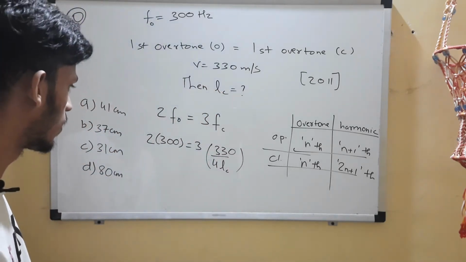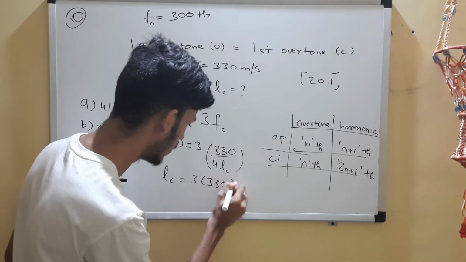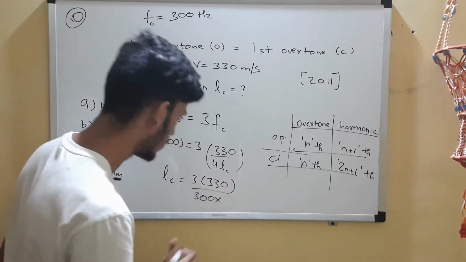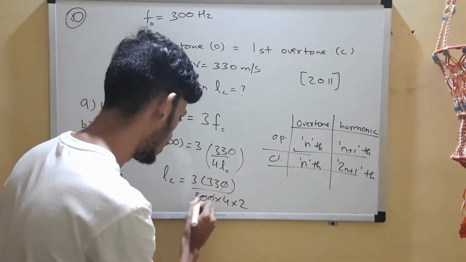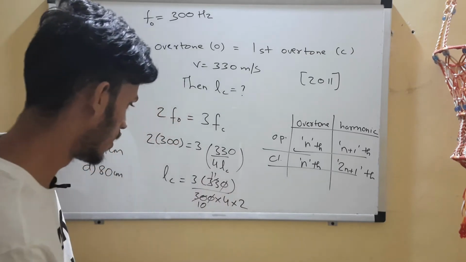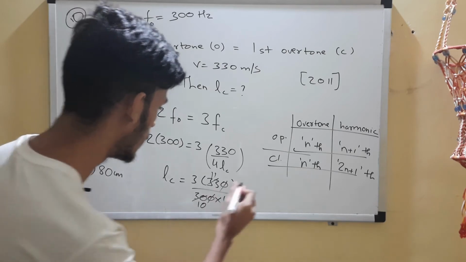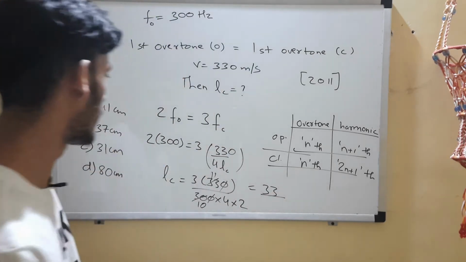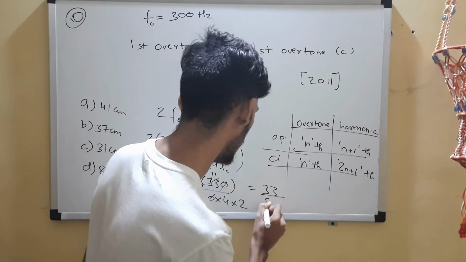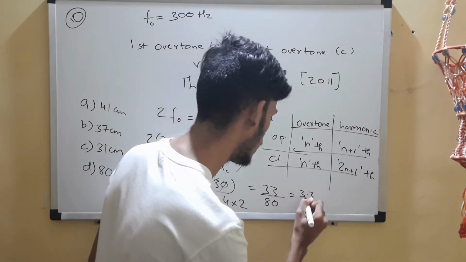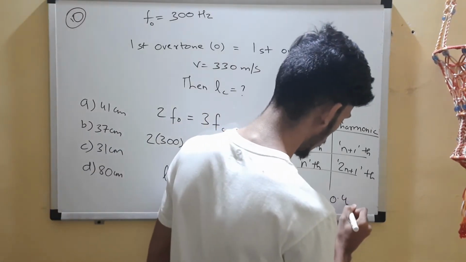You want the length of the closed organ pipe. So the length will be given as 3 into 330 divided by 300 into 4 into 2. You can cancel the tens and elevens, and the answer will be 3.3 divided by 8, which is around 0.4125.